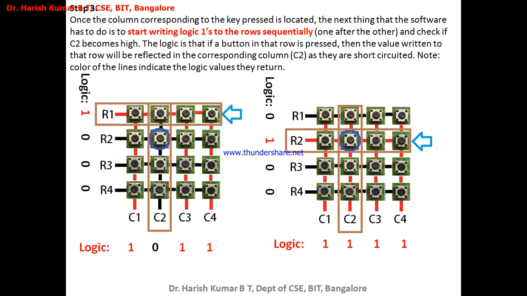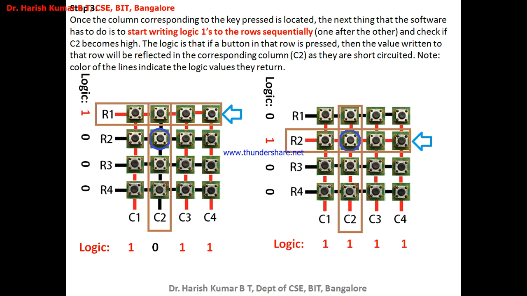When the column goes 0, I know that I have pressed some key in that particular column. Next, to identify in which row I have pressed, I energize one row at a time. I repeat this until the corresponding column is made 1 again. The moment it goes 1, I come to know that is the particular row in which I have pressed the key.